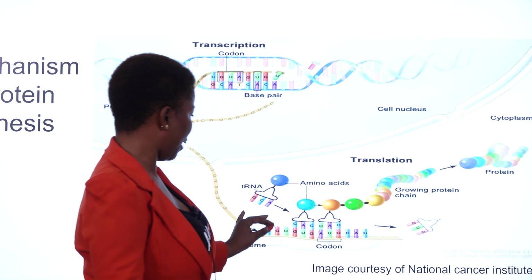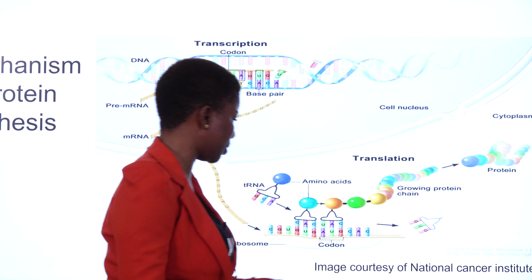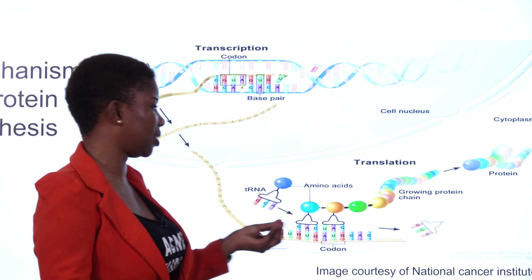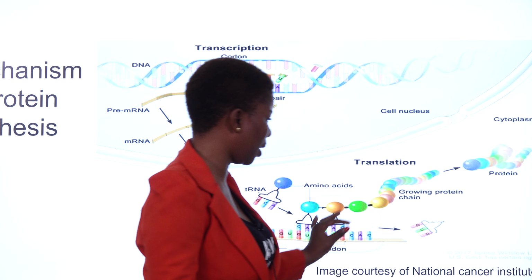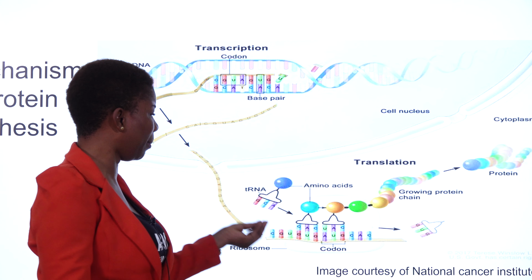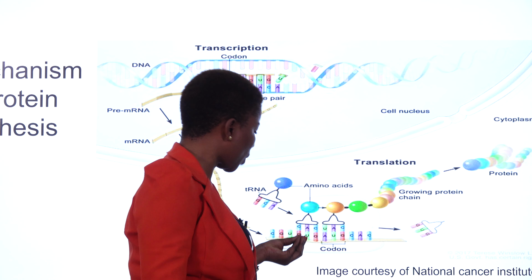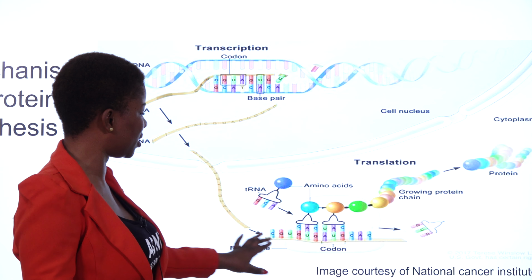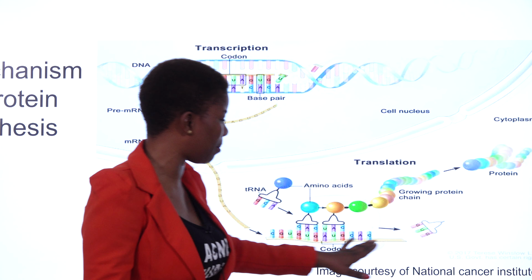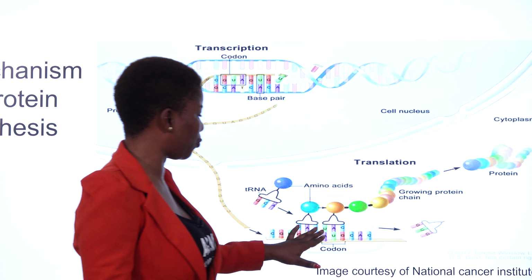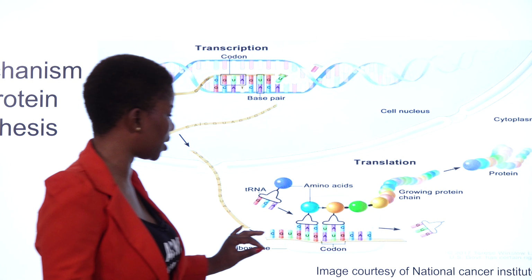Therefore, transfer RNA that is located in the cytoplasm carries amino acid that is suspended in the cytoplasm and comes here in the ribosome to unlock the information carried by messenger RNA, which determines what kind of protein is to be synthesized.